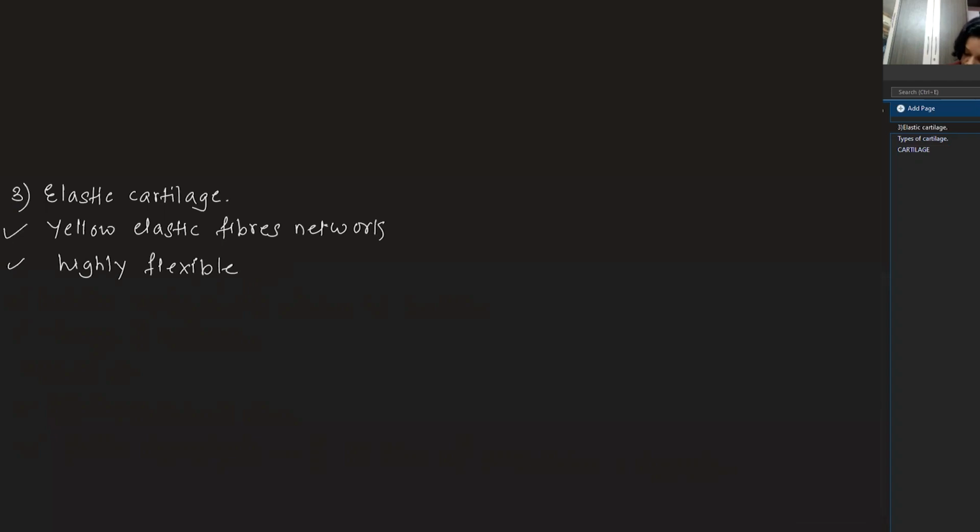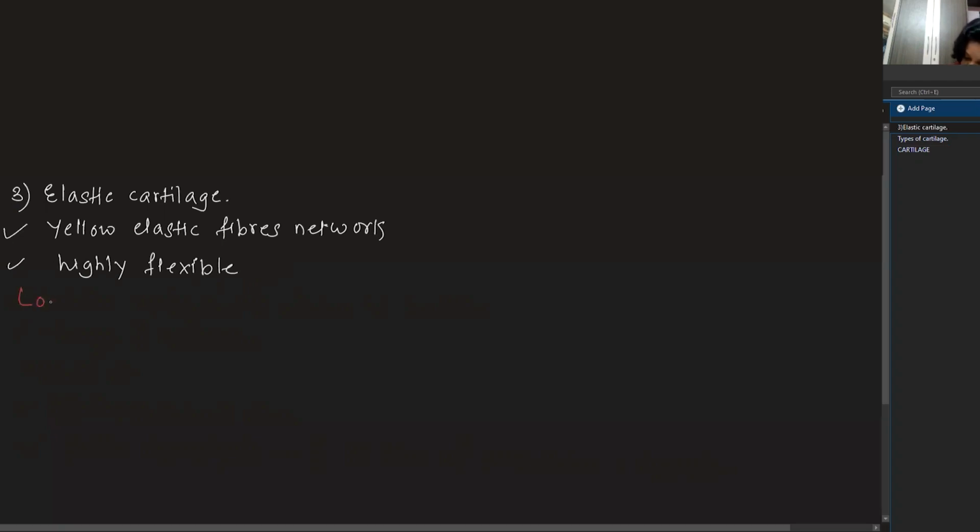Let's have a look at the location of this cartilage. Tip of nose, ear pinna, eustachian tube.